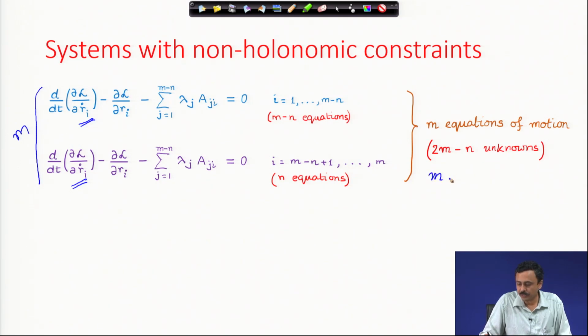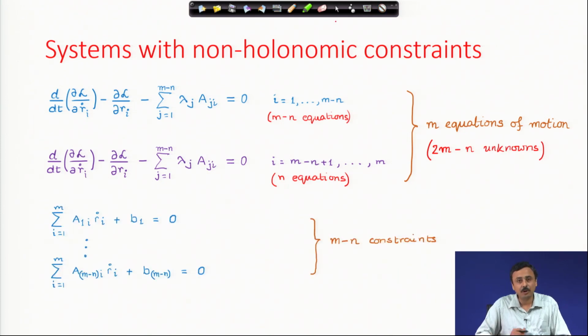We had m coordinates plus m minus n Lagrange multipliers, which have to be found, the r_i's and lambda_i's. Therefore, we have 2m minus n unknowns, but then these are only equations of motion, we have not written the constraints as yet. We also have the constraints.